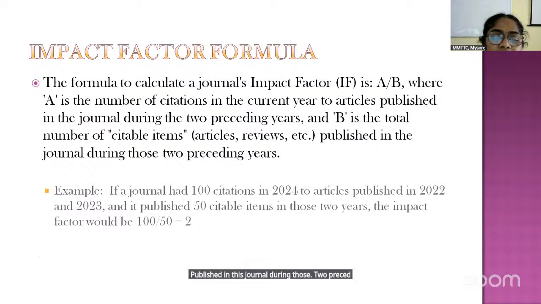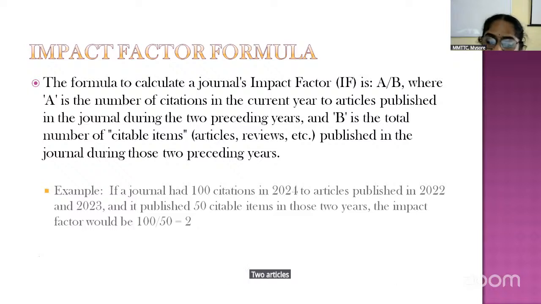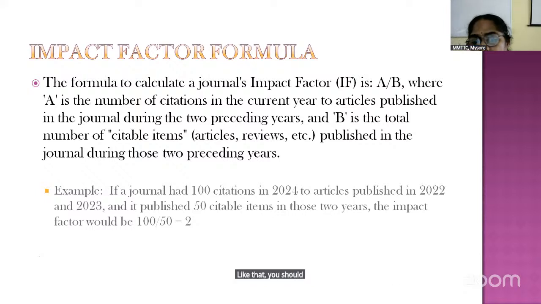Example: if a journal had 100 citations in 2024 to articles published in 2022 and 2023, and it published 50 citable items in those 2 years, the impact factor would be 100 divided by 50, equal to 2. Like that, you should calculate the impact factor of a journal.